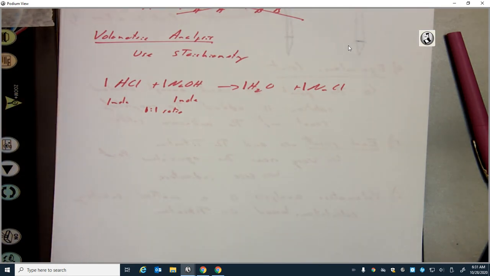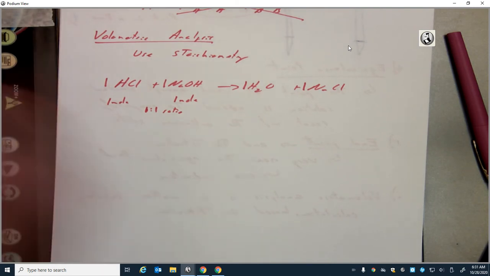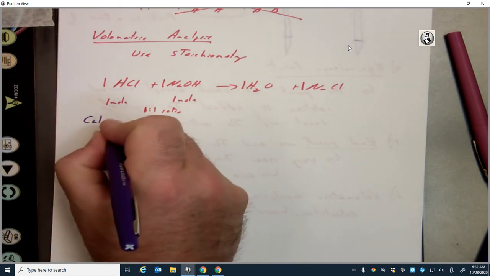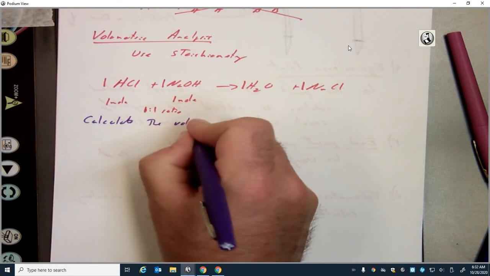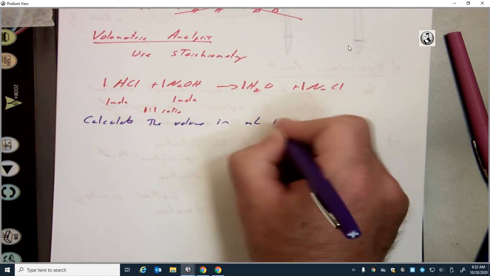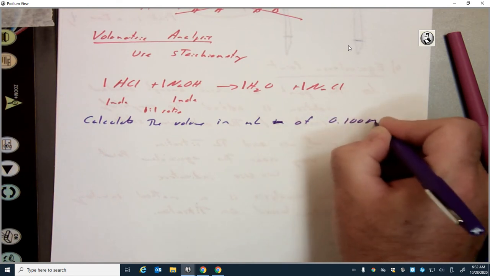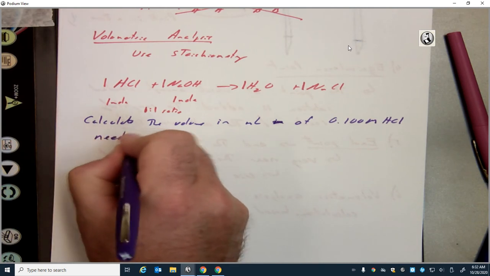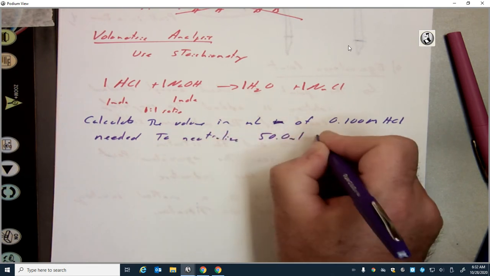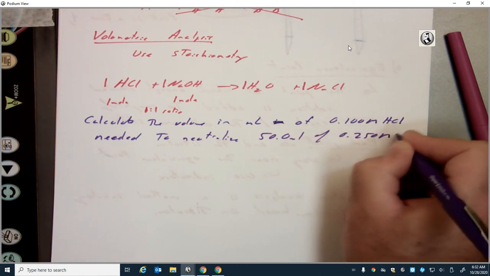So let's see here. Let's try a problem. Calculate the volume in milliliters of 0.100 molar HCl needed to neutralize 50.0 milliliters of 0.250 molar NaOH.